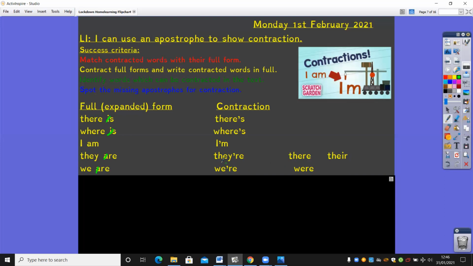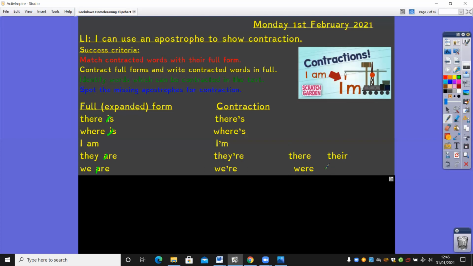So what is the difference between these two words? Well, where is short for we are. So if in your sentence you can replace where for we are, you need to use this contraction. Were is a verb, and we would use it in a sentence, for example, we were going for a walk, but we changed our mind because it is raining.